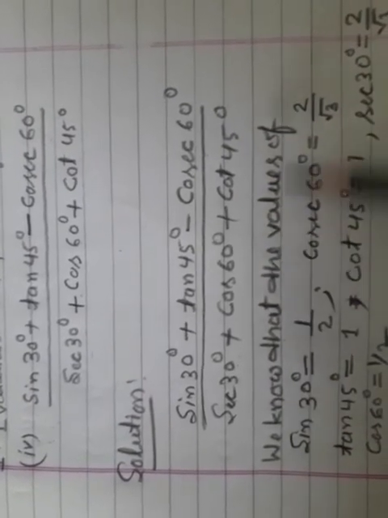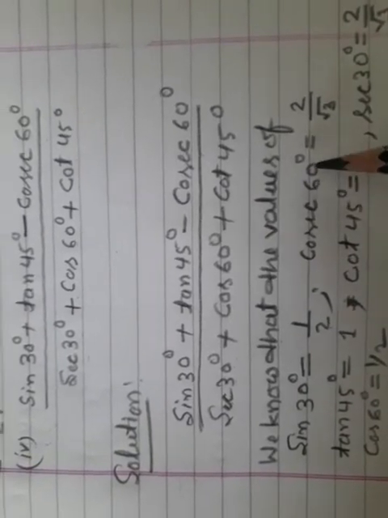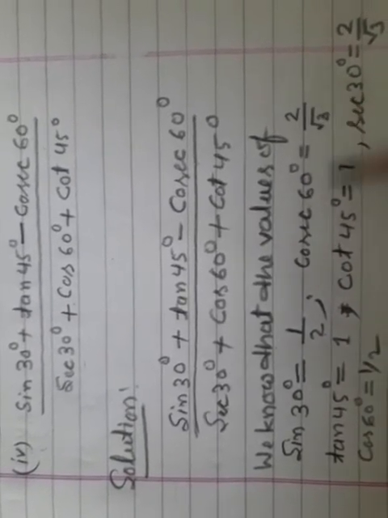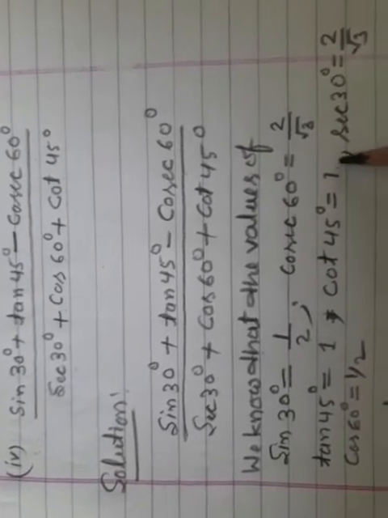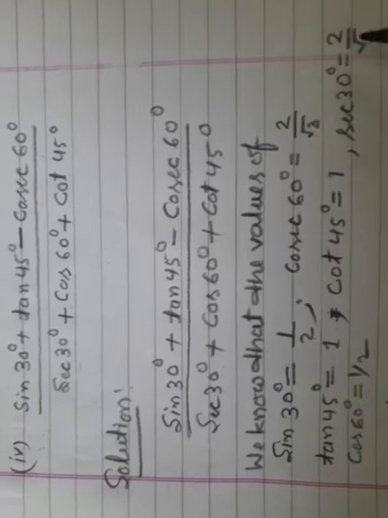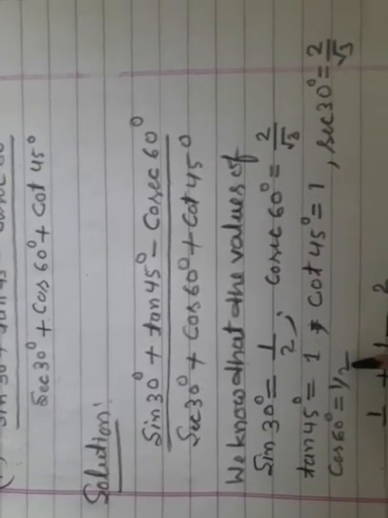We know that the values: sin 30 is equal to 1 by 2, cosec 60 is 2 by under root 3, tan 45 is 1, cot 45 is 1, sec 30 is 2 by root 3, and cos 60 is 1 by 2.